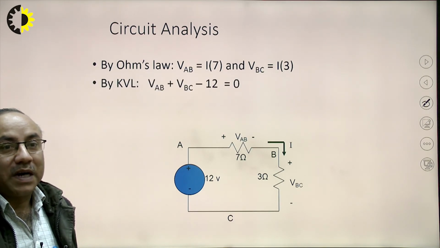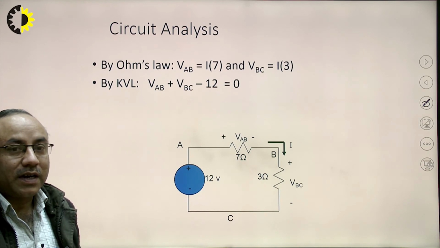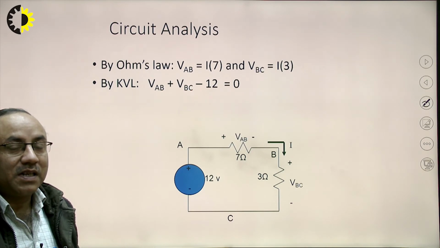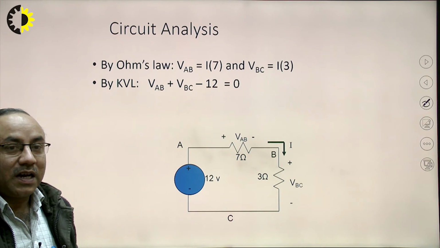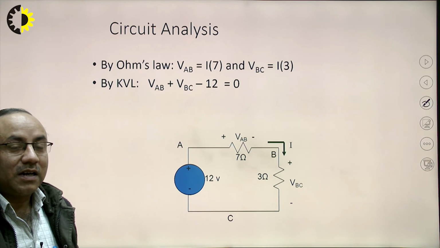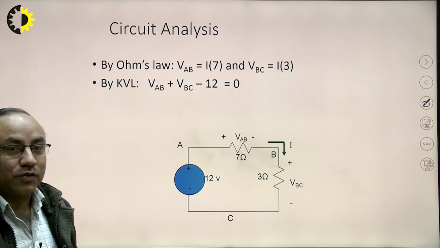So, by Kirchhoff's voltage law we can write VAB plus VBC equal to 12, or VAB plus VBC minus 12 equal to 0, where VAB and VBC are the voltage drops, the algebraic sum of voltage drops, and 12 is the EMF of the voltage source.